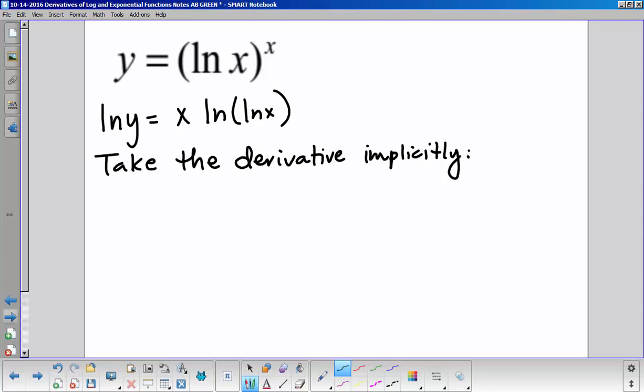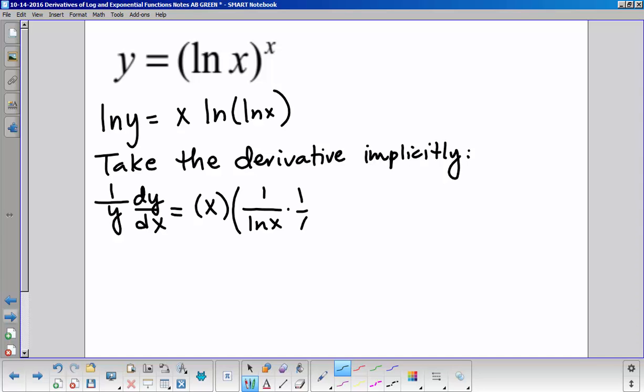So what's the derivative going to be? 1 over y times dy/dx equals, first, x; the second, which is 1 over the natural log of x, times the derivative of the inside, 1 over x. Plus the second, ln of x, times the derivative of the first.